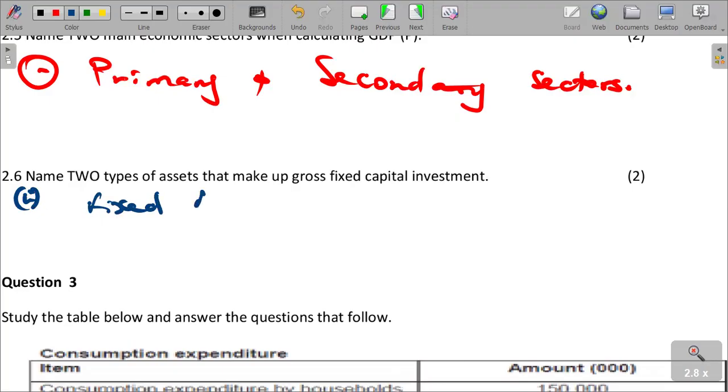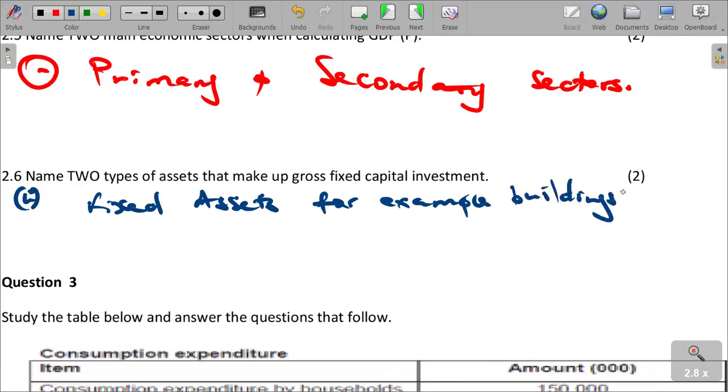Fixed assets can be, for example, buildings or machinery. We can also talk about number two: infrastructure.